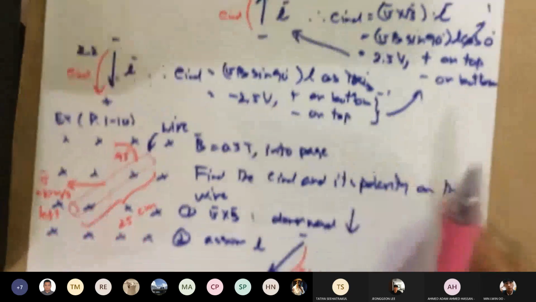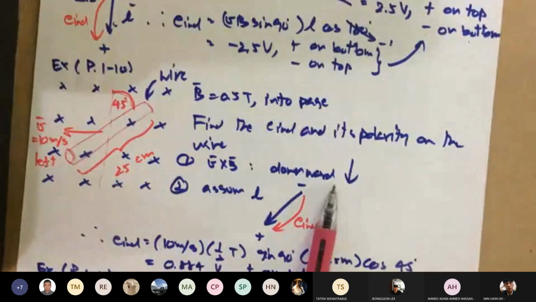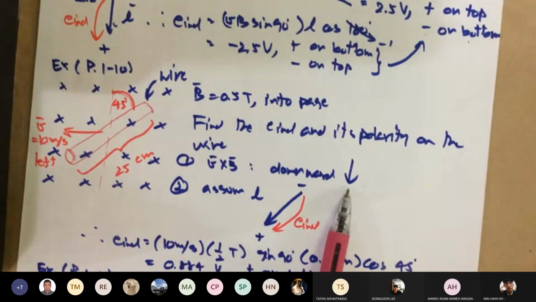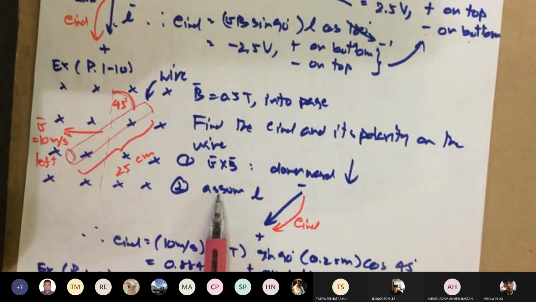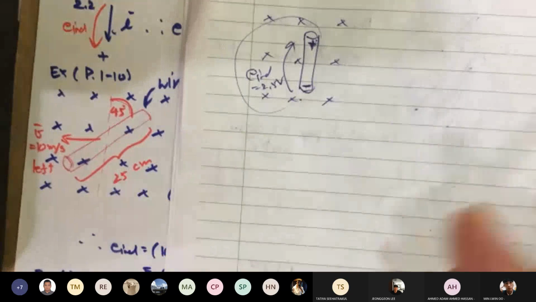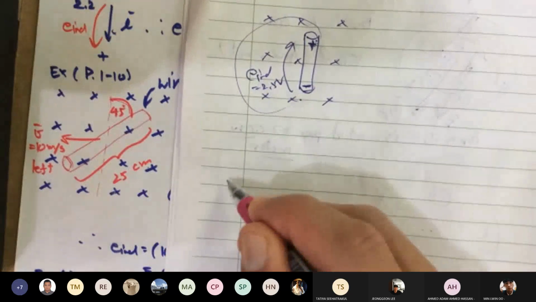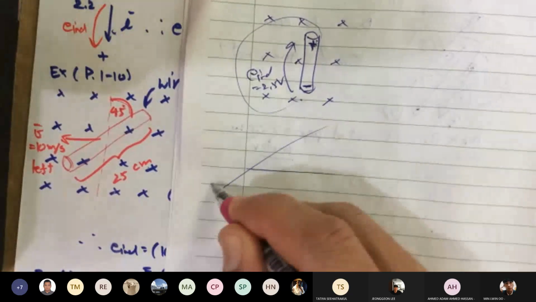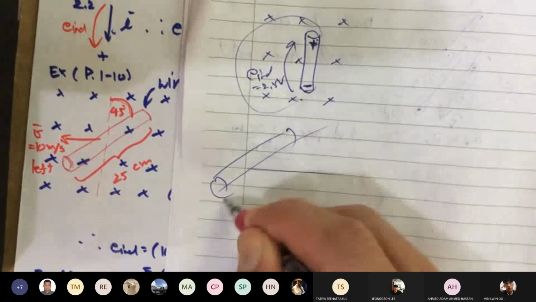So in this second example, how do we assume L? Again, your wire is at 45 degrees, right? So this is my wire.